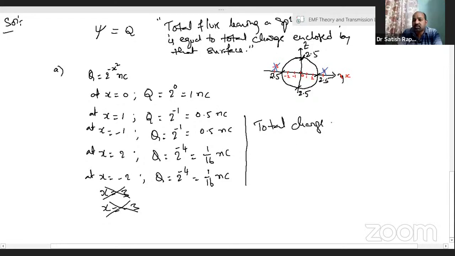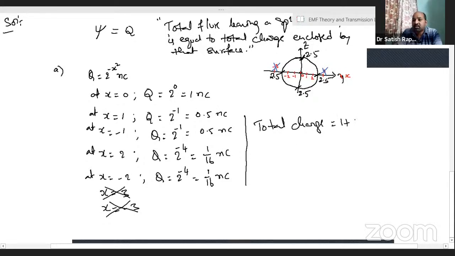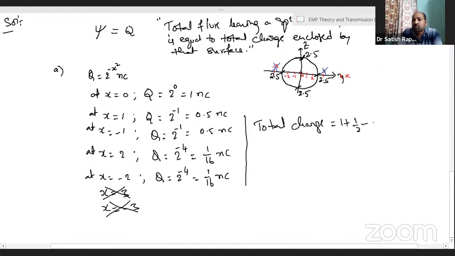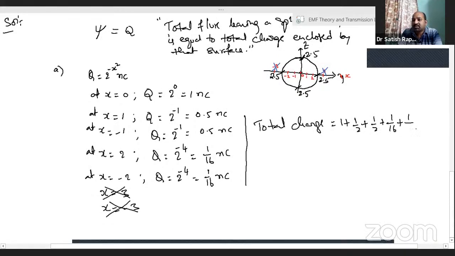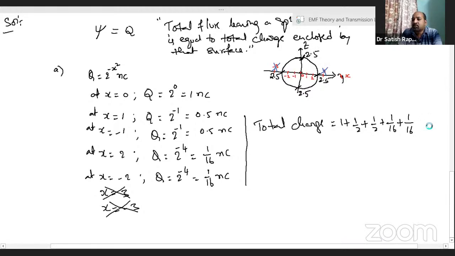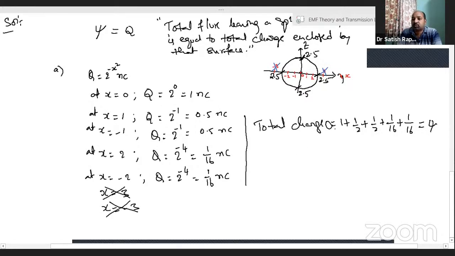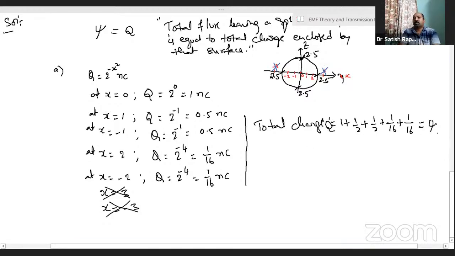The total charge is equal to 1 plus 1 by 2 plus 1 by 2 plus 1 by 16 plus 1 by 16, which is equal to the total flux leaving the surface. So total charge Q is equal to total flux leaving the surface. So this is how we can do the problem.